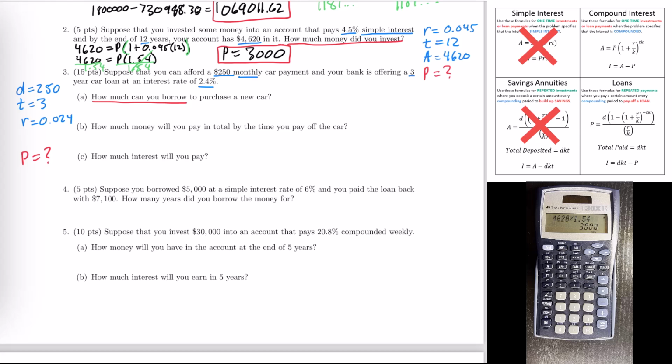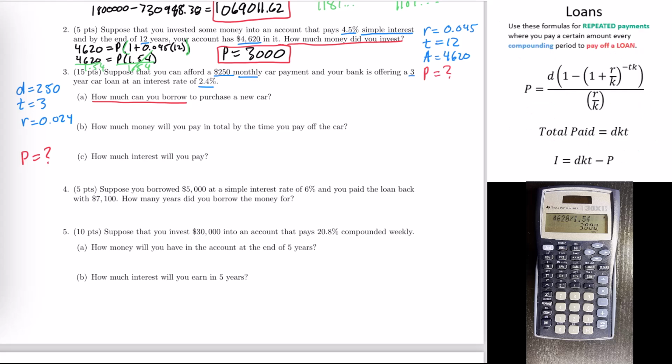So we can eliminate the savings annuities option. And then our last question to determine whether it's compound interest or the loans formula is to ask if it's a one-time payment that we're making, like we pay it all off at the end, or if we're paying it off at a regular interval. And in this case, we're making monthly car payments of $250, and so that means it's going to be the loans formula. So the formula we'll be using to find out what P is that first formula.